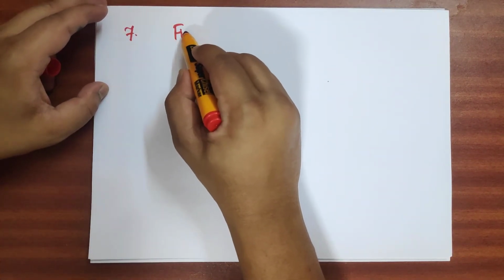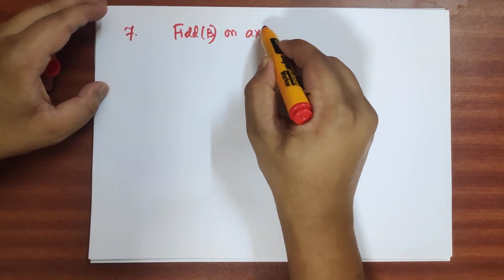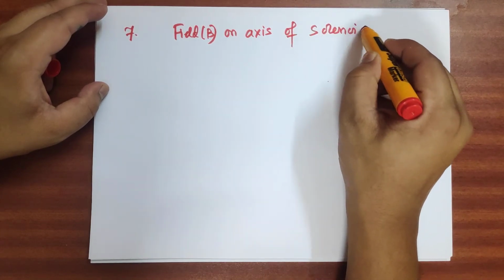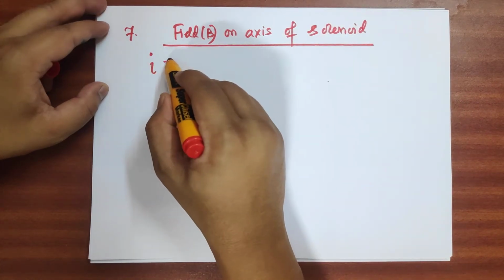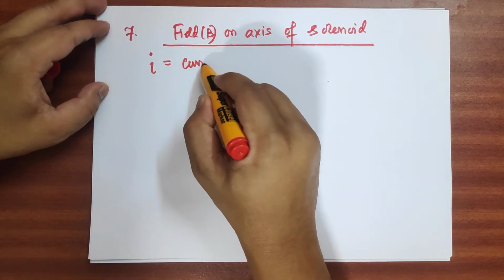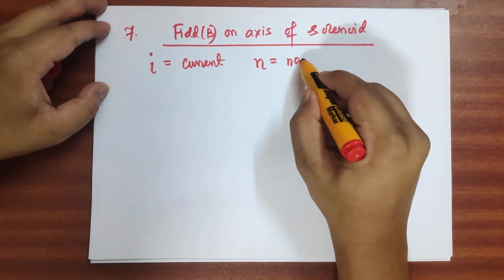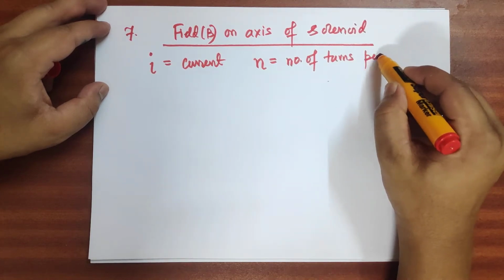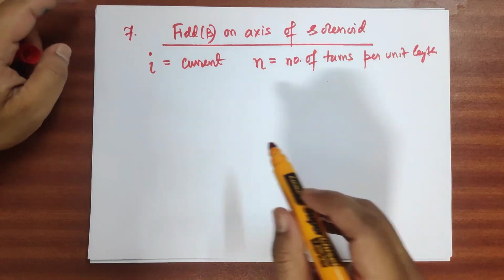So to find the magnetic field on the axis of the solenoid, and for the solenoid, I is the current, and n, this small n, is the number of turns per unit length on a solenoid.